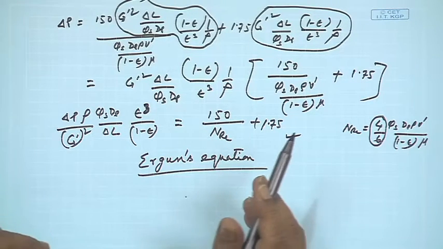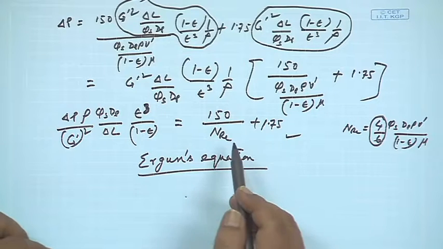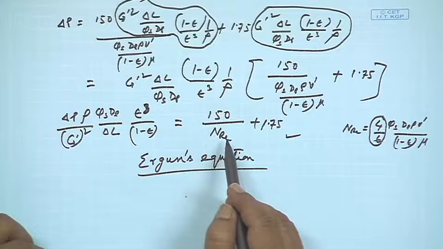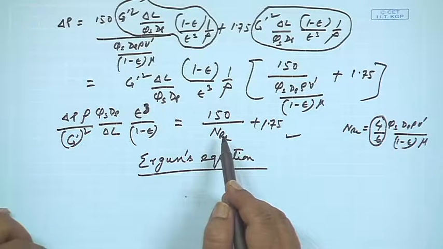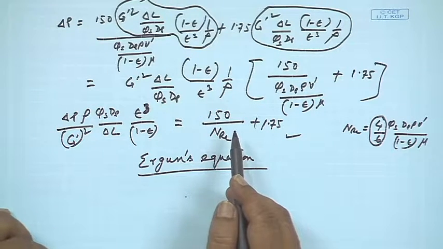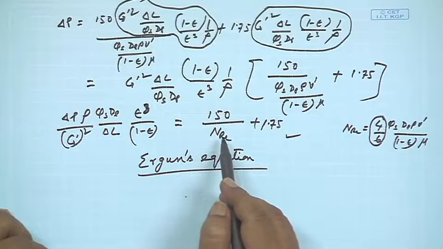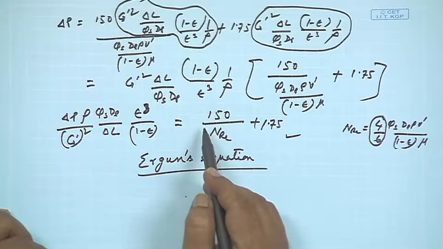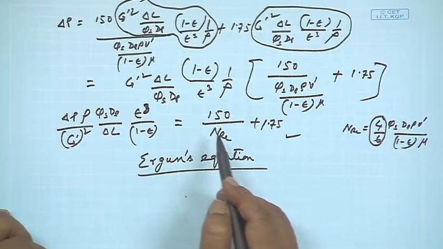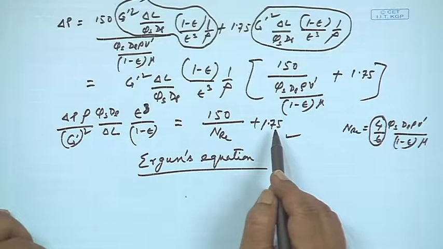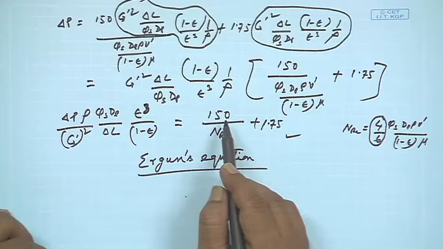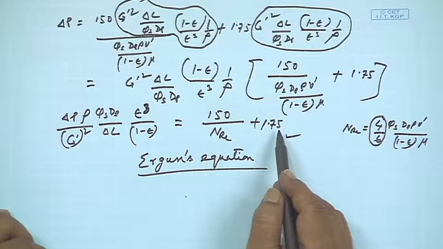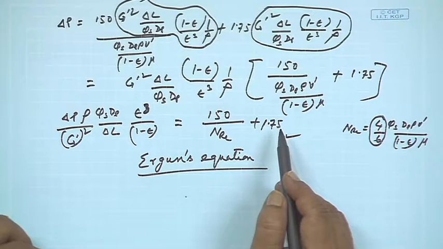The reason is that when NRE is very small, for laminar flow, if NRE is less than 10, then this value comes to be 15 and this is 1.75. So, compared to this value, 1.75 can be neglected, right.